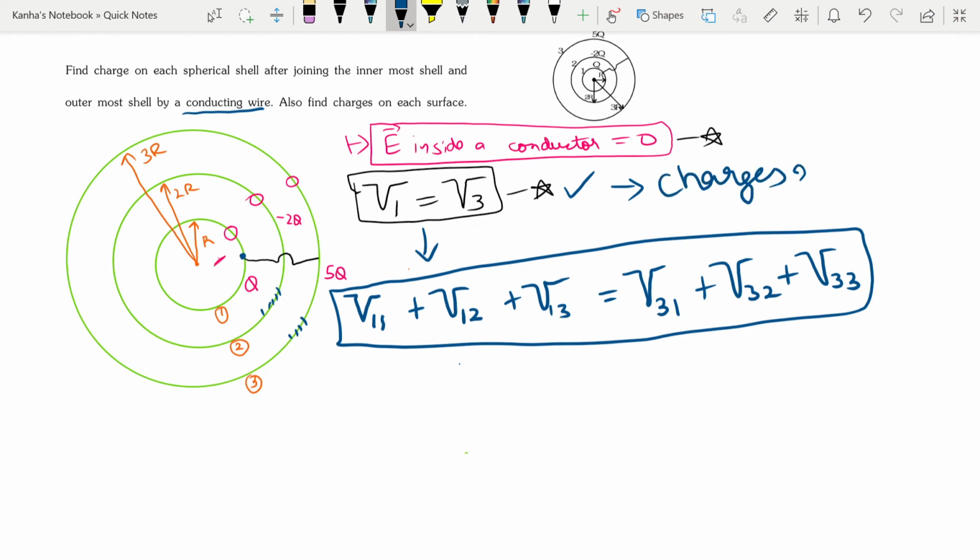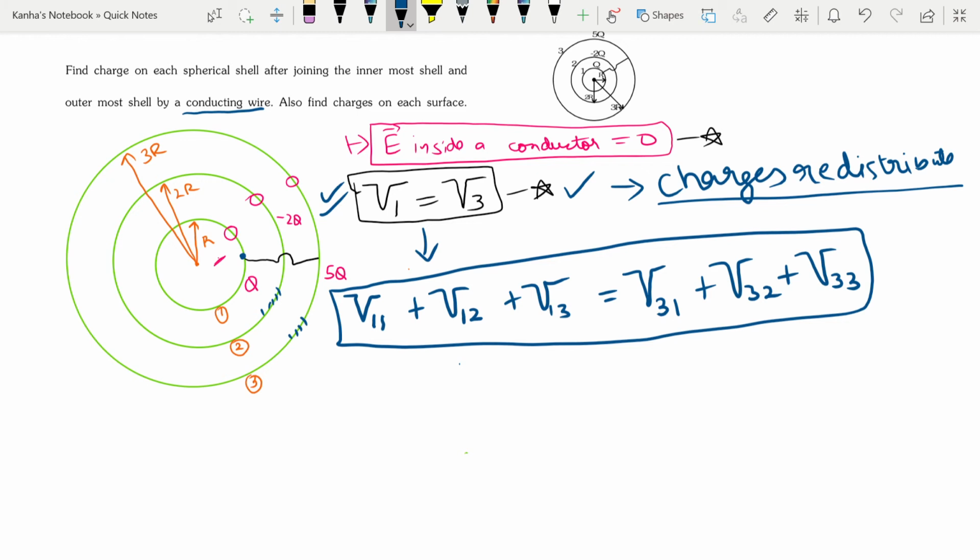So some charge will flow either from the inner surface to the outer surface or the outer surface to the inner surface. Sorry, from the first shell to the third shell or the third shell to the first shell. What I am certain about is that the potentials will come to a common value.